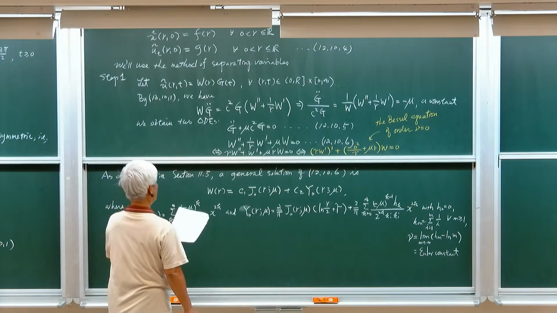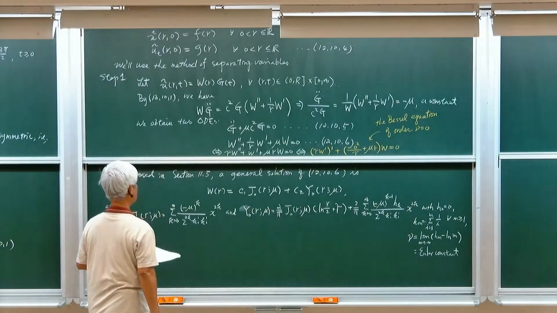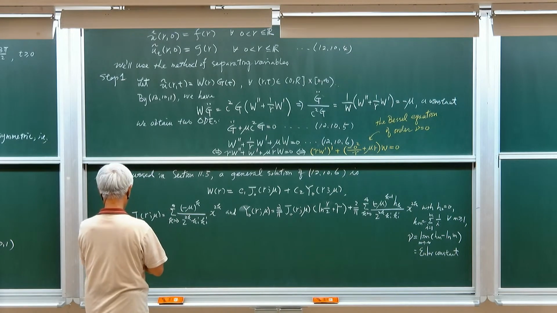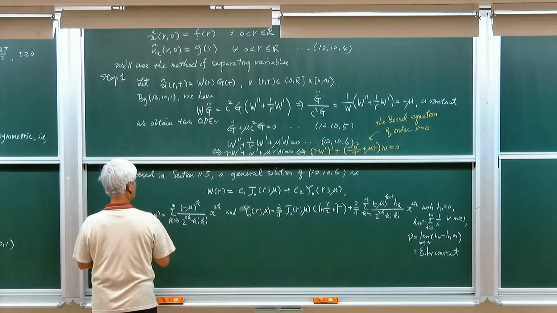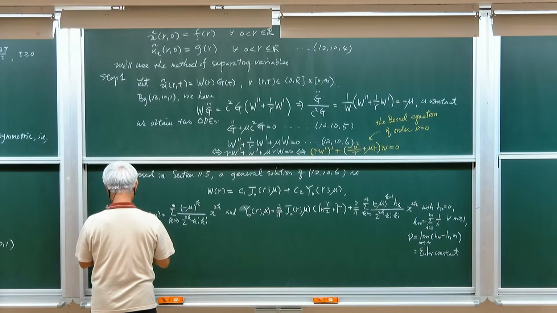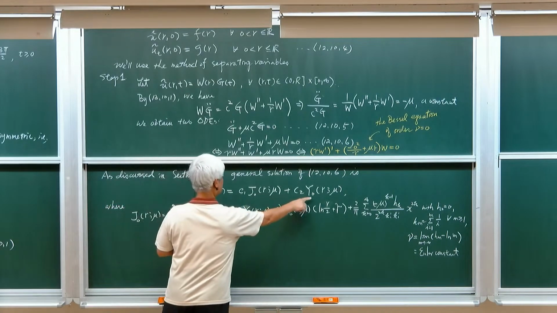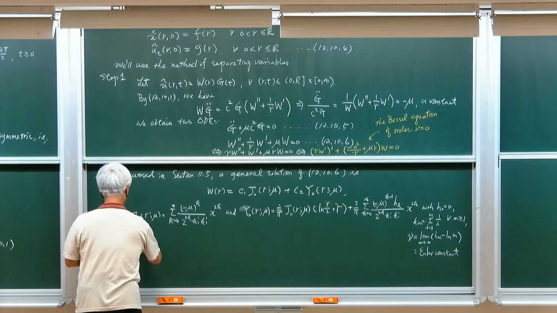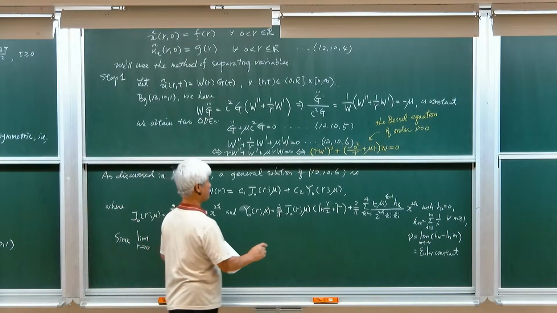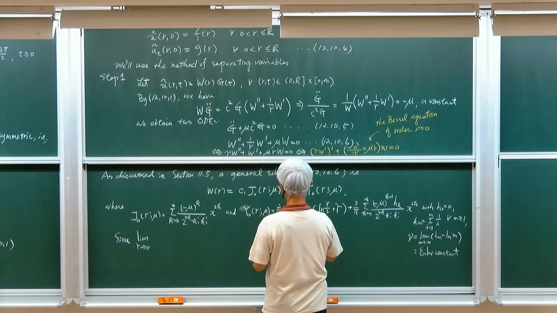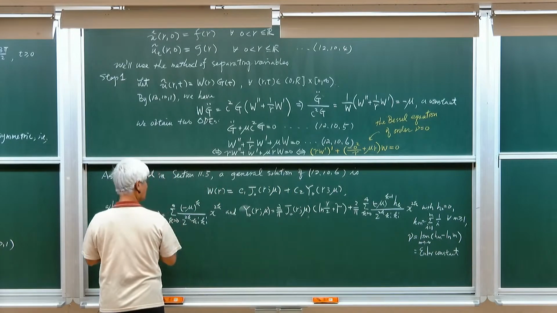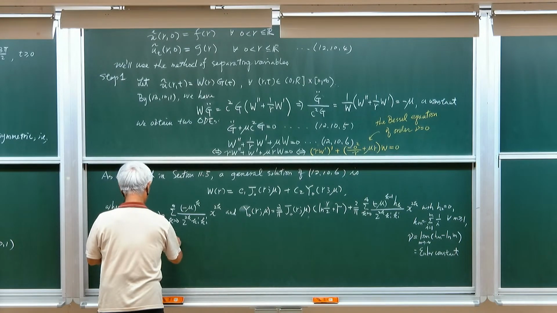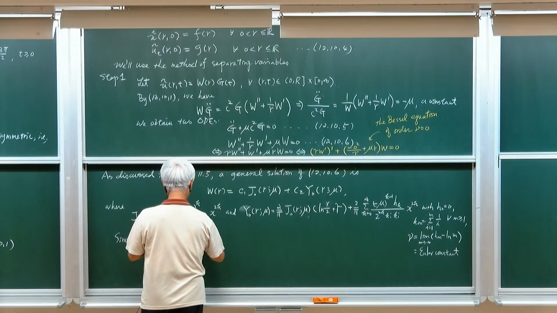Now we look at Y sub 0 in section 11.5. We see that when r goes to 0, Y0(r, mu) is equal to minus infinity.